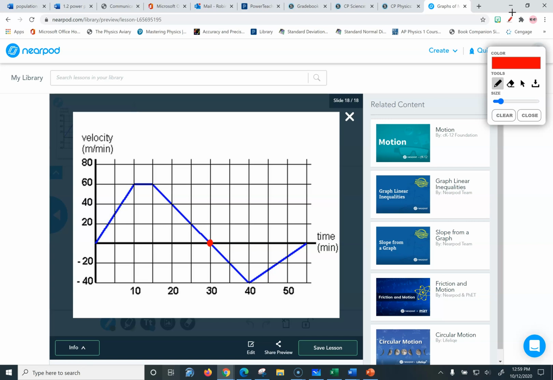So what you're going to have to do is find the area here and the area here. So for displacement, anything up here, your delta x will be positive. Any shapes down here, delta x will be negative.